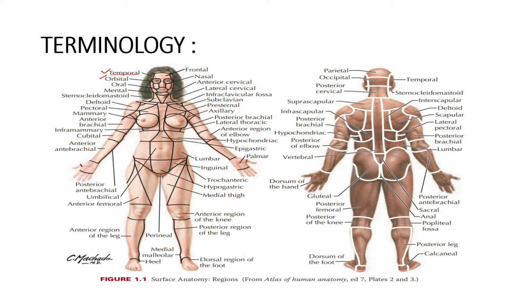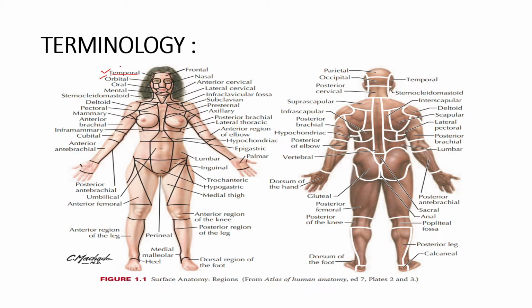Many terms will come in anatomy where these terms will be used, like the temporal lobe inside the brain. So where is the temporal region? We have to know that, then it will be much easier to remember. Inside the brain, inside the cranium, there is the temporal lobe.